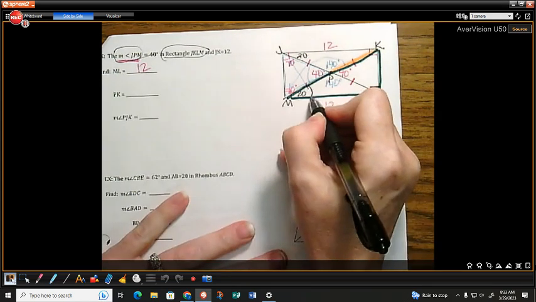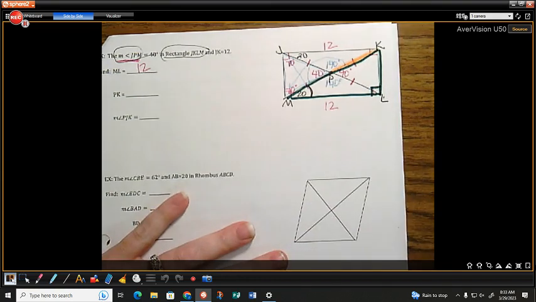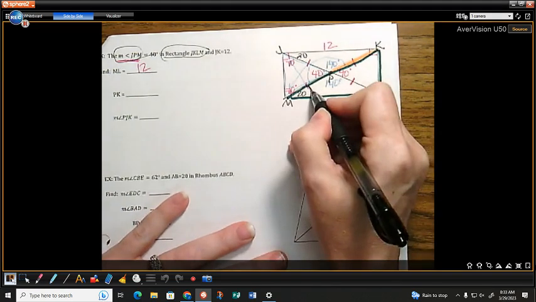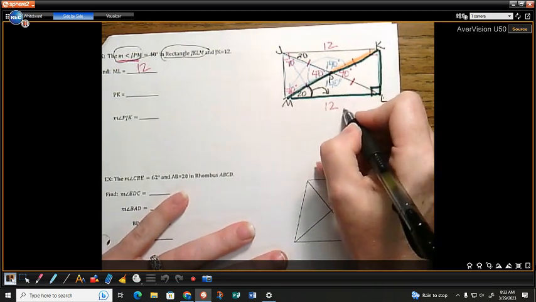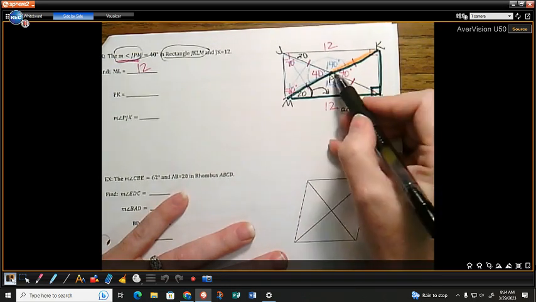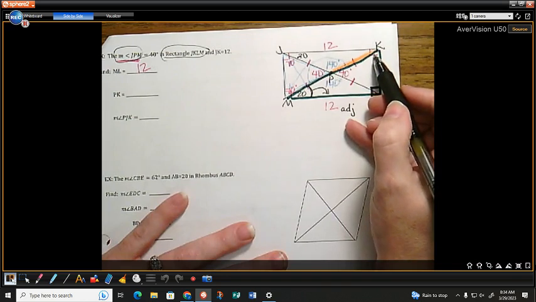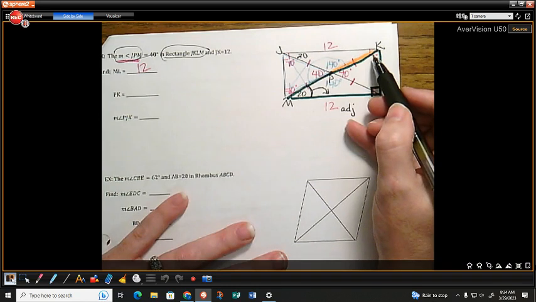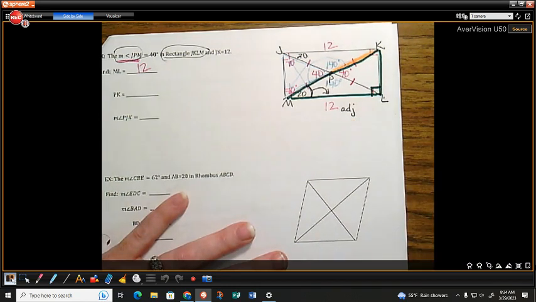And I have one of its angles. And I have the adjacent side. And PK is a piece of the hypotenuse. Would it be helpful then to find the hypotenuse here? Yeah, because that's the diagonal of your rectangle.